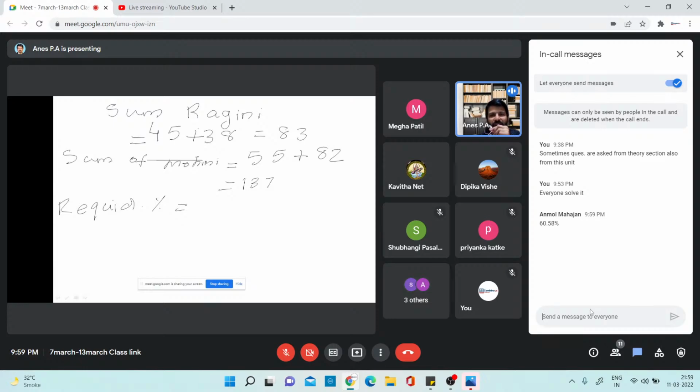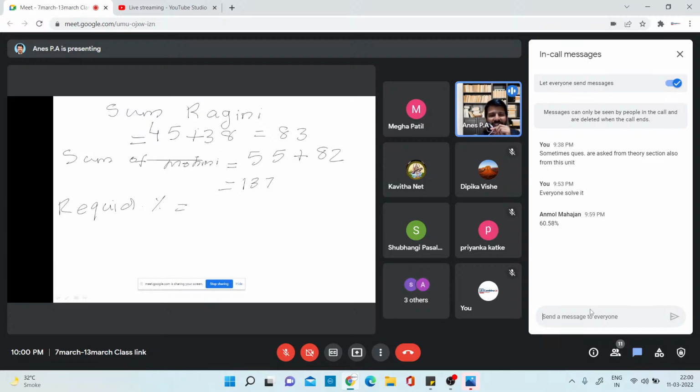That's the point we need to identify first. So the numerator is which figure here? For Ragini, 150. Here we need to find the percentage of Ragini based on the total of Mohini.